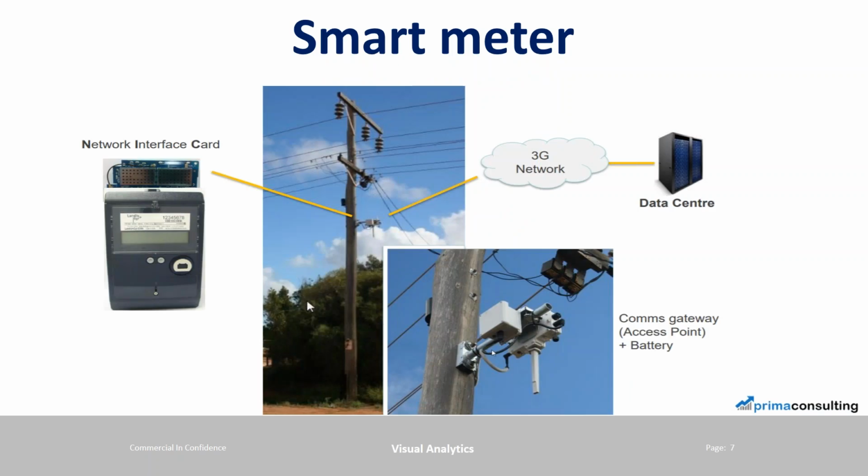So this is how the journey of the data looks. The data comes from a smart meter, and it's 15-minute interval data for each customer, and it goes to our data center via an access point over a 3G network.